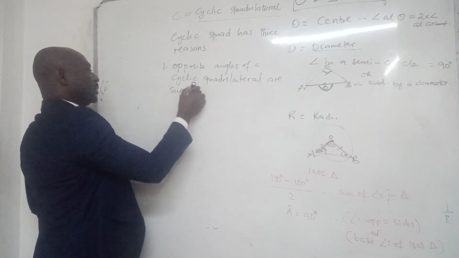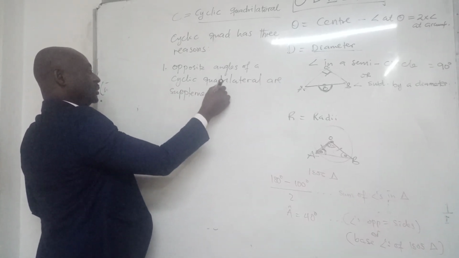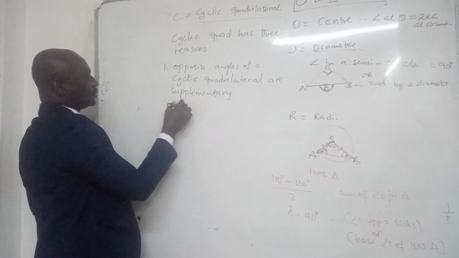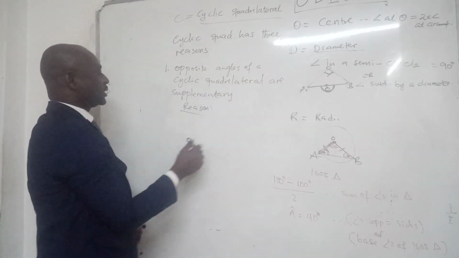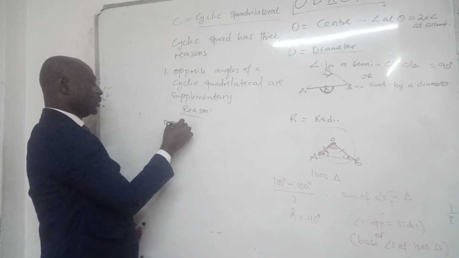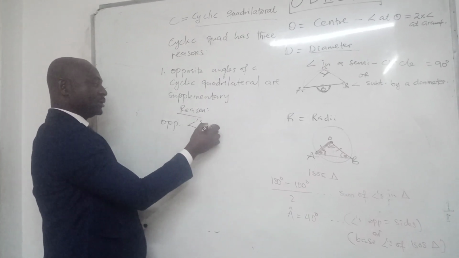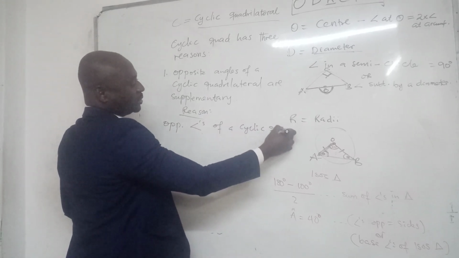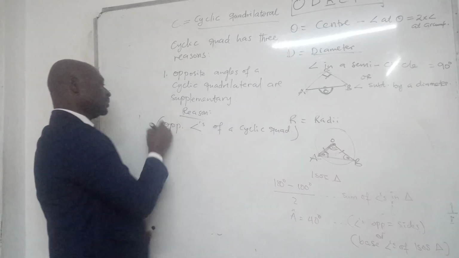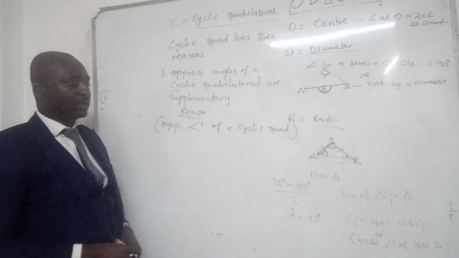Supplementary means it adds up to 180 degrees. In exams, if you are writing reasons, you don't write them in full sentences. We just say opposite angles of a cyclic quad. In the exam, this is how you give your reason.